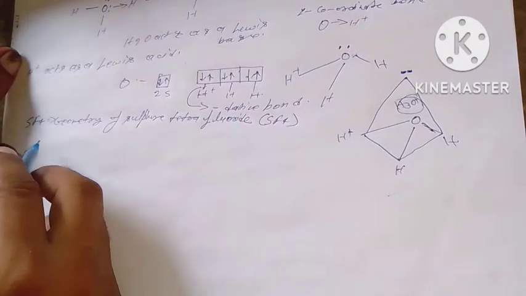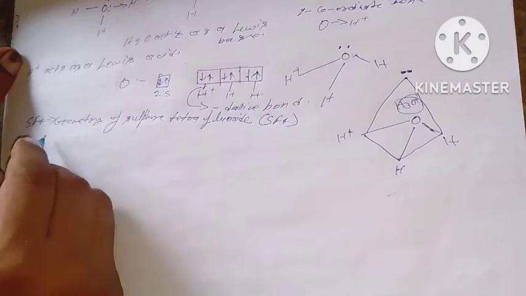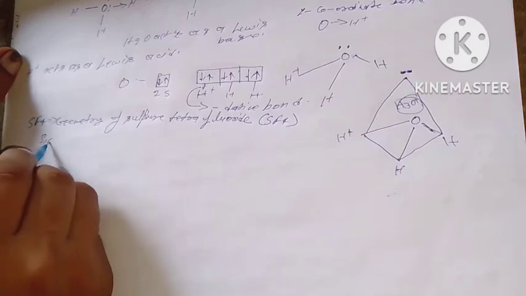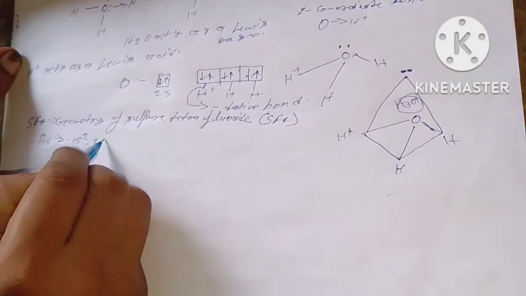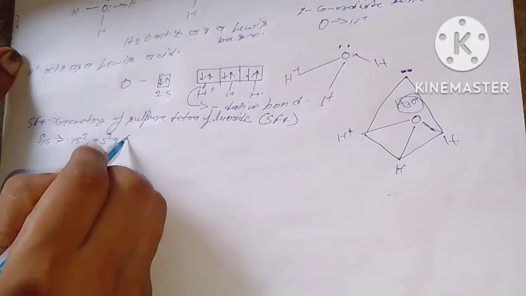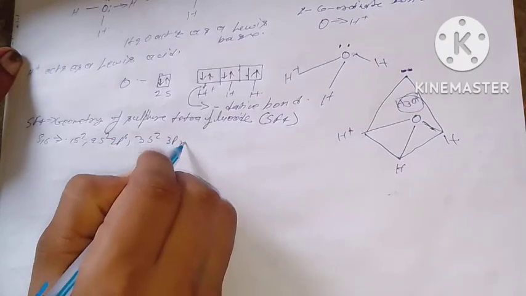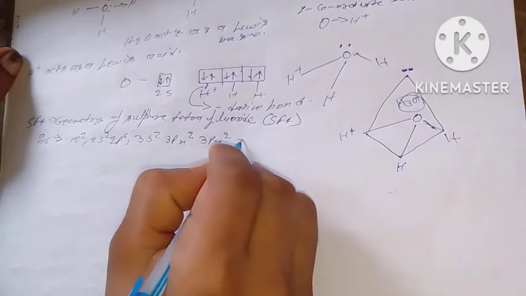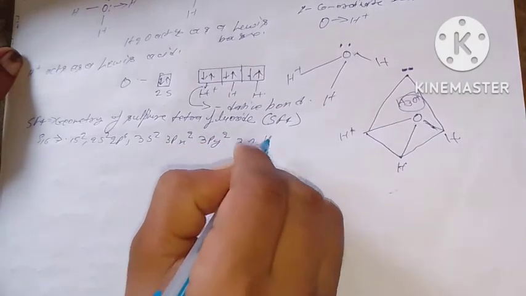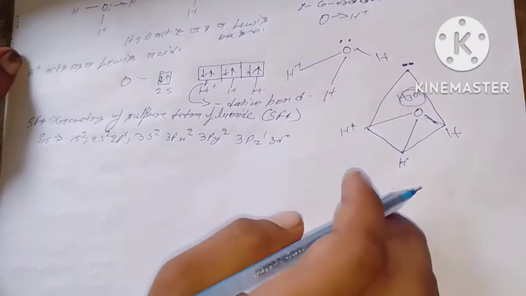In sulfur tetrafluoride, the central atom is sulfur. The electronic configuration of sulfur, S16, is 1s2, 2s2, 2p6, 3s2, 3px2, 3py2, and 3pz1 and 3d0.